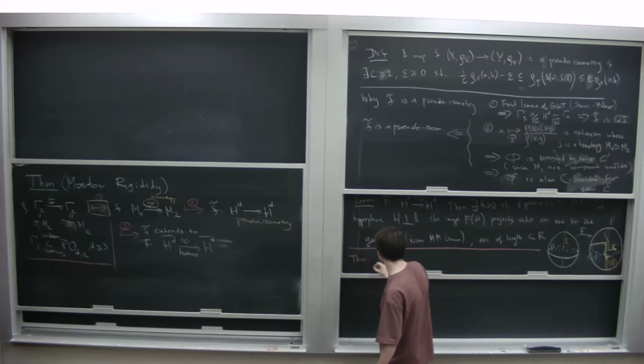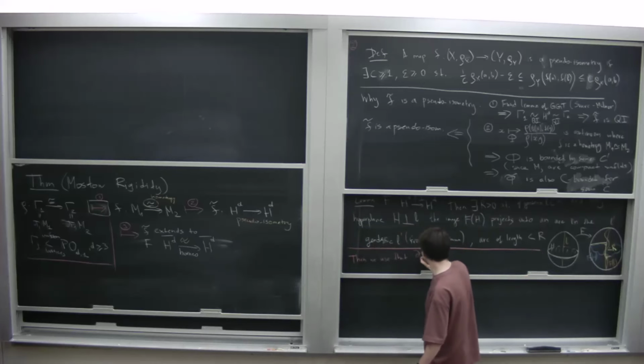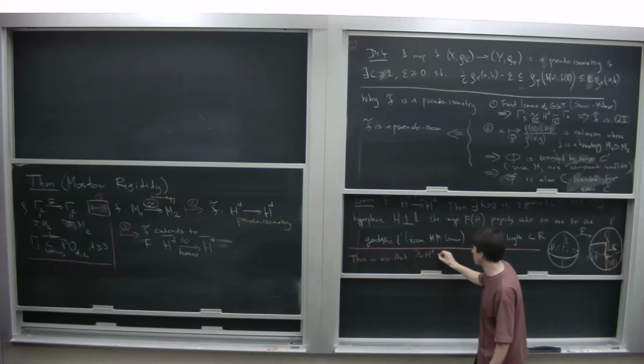So then we use that the ideal boundary is the set of equivalence classes of quasi-geodesic rays.